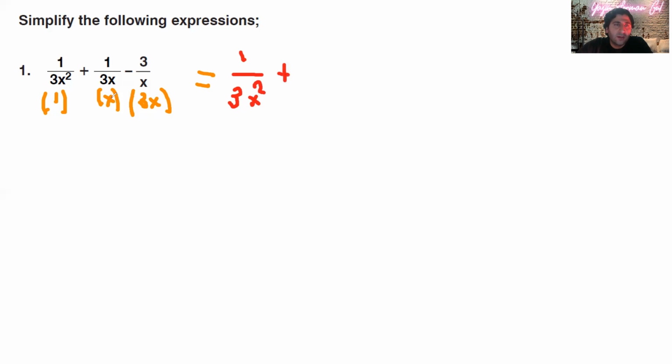Plus x times 1 will be x over 3x squared, minus 3x times 3 will be 9x over 3x squared.